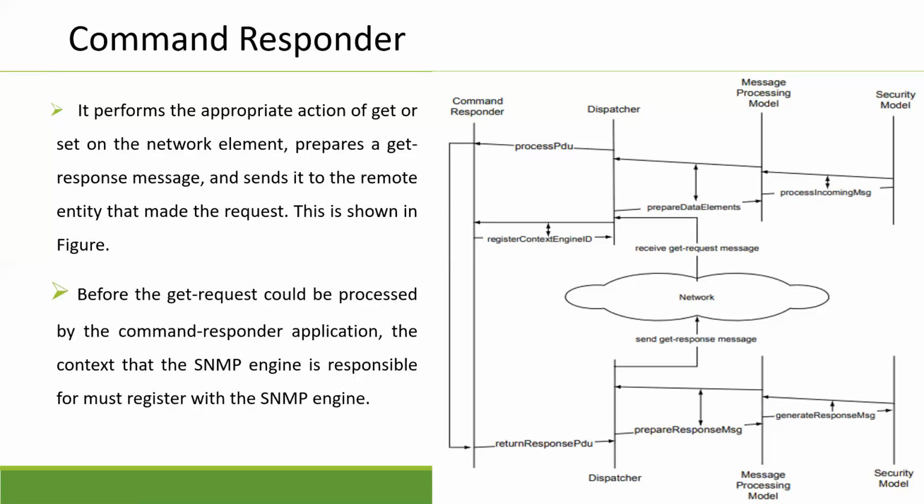So the message is delivered to the command responder using process PDU when the command responder acquires the system group information. It is used by the command generator to deliver the message to the dispatcher, right? This is the command responder.